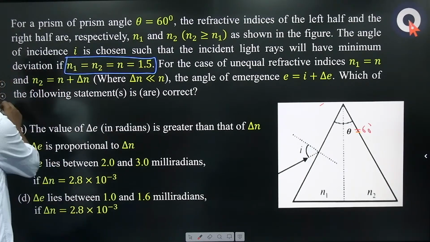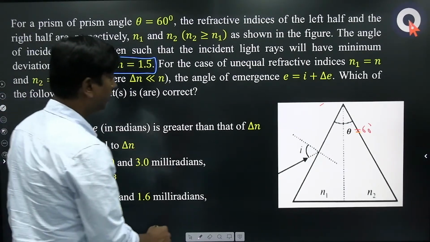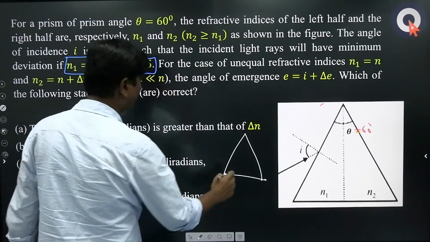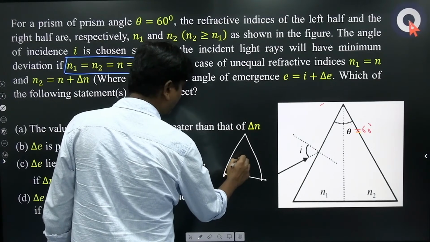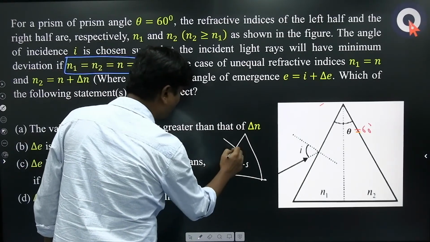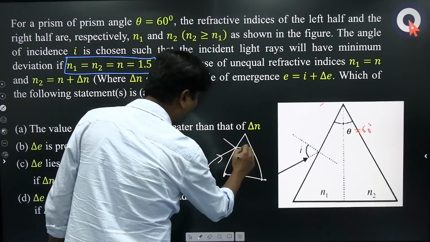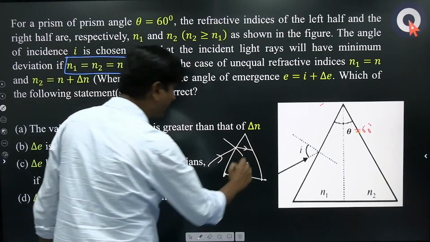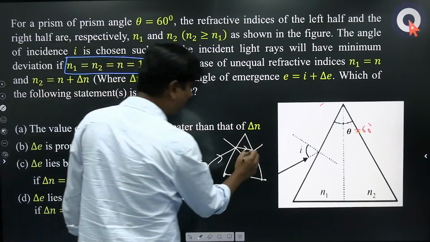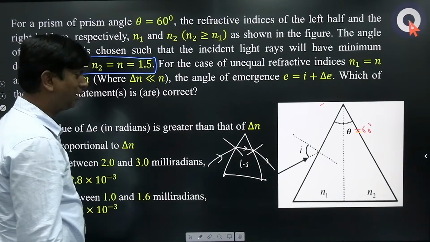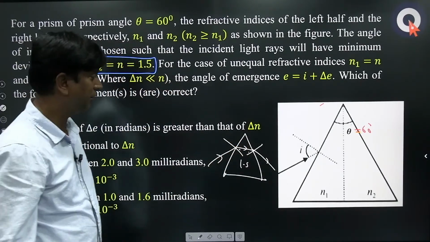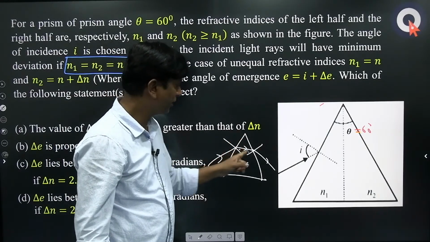You know very well that whenever N1 and N2 both are equal to 1.5, and it is at minimum deviation, the refracted ray will definitely become parallel to the base, and these two angles are equal, because the sum of these two is 60.